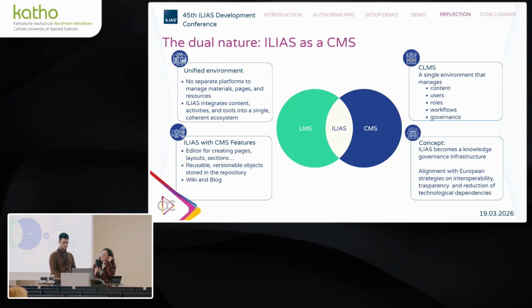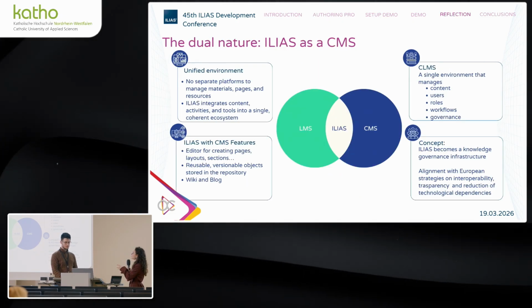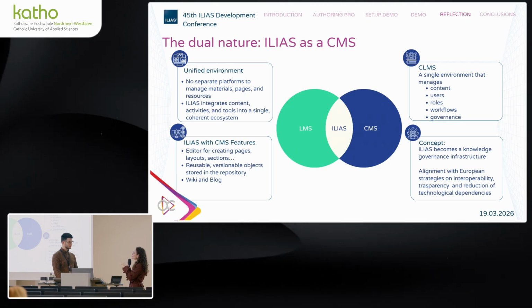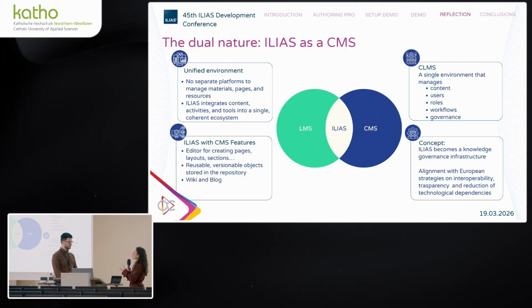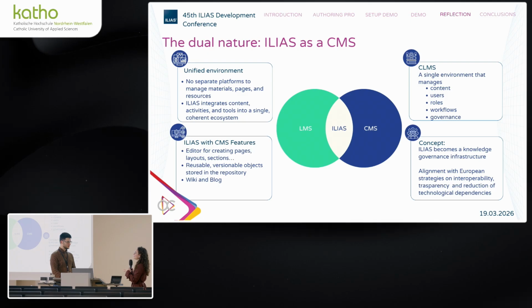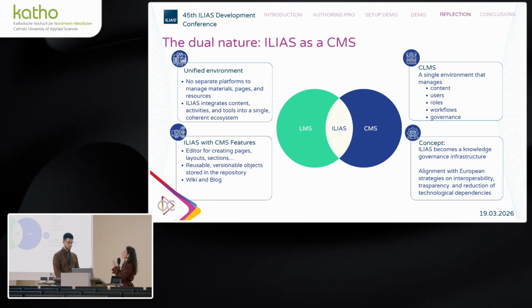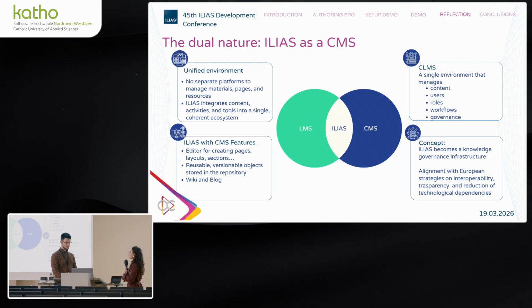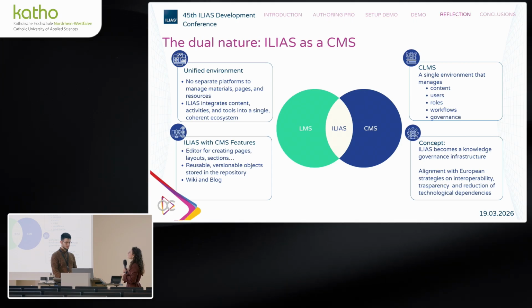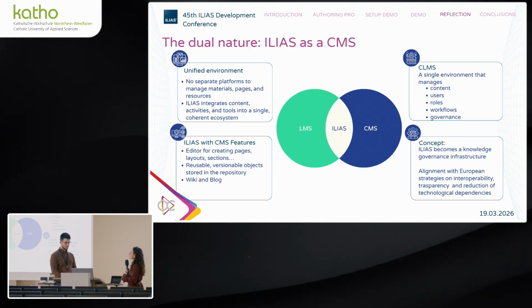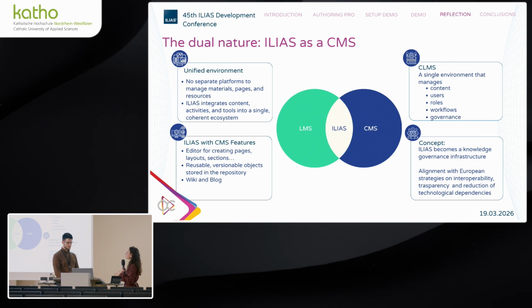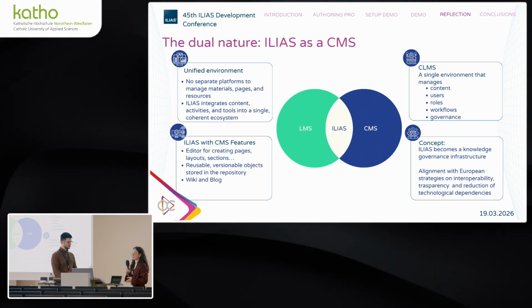And we would like to also make a reflection on the role of ILIAS as a CMS. So in this context of digital European sovereignty, ILIAS integrates content, activities, and tools into a single coherent ecosystem.